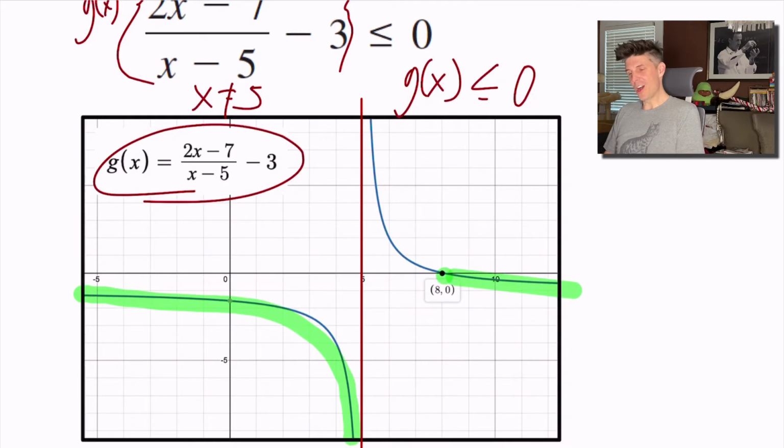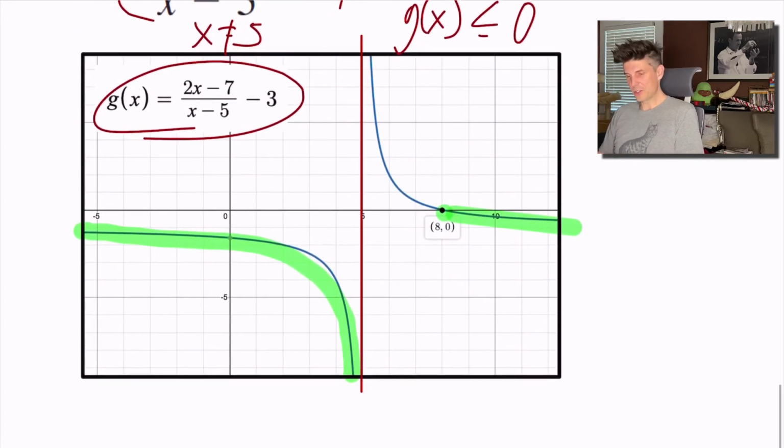Notice on the left side of the asymptote, you have negative values, and then on the right side of the asymptote, you have positive values. So those vertical asymptotes are significant values, and those are opportunities for change when you make a number line. So there you go. We're looking at the graph. We see where it's negative. We see the transition values. Those transition values happen at the vertical asymptote and at the x-intercept.